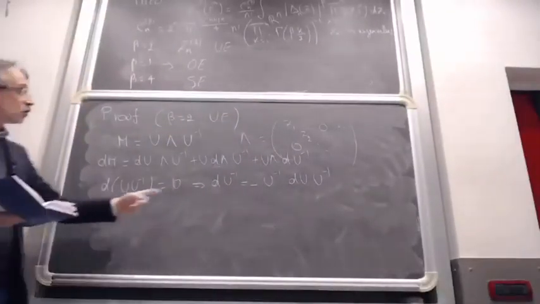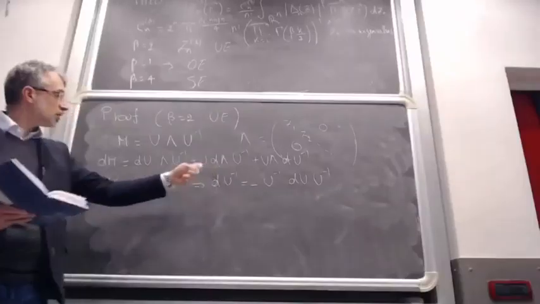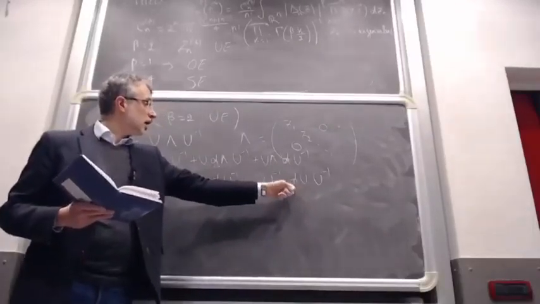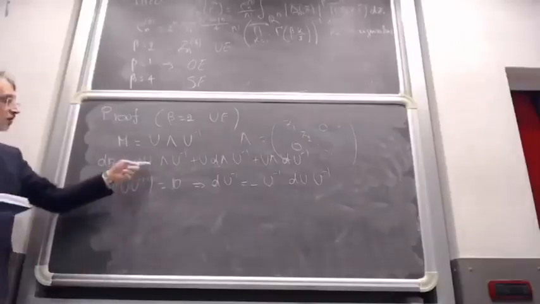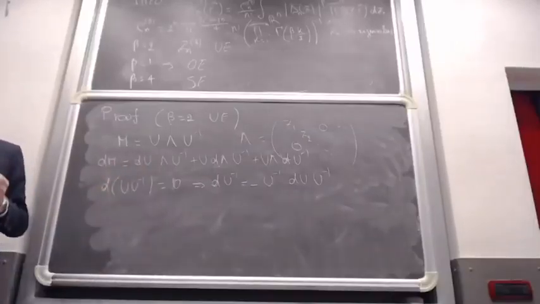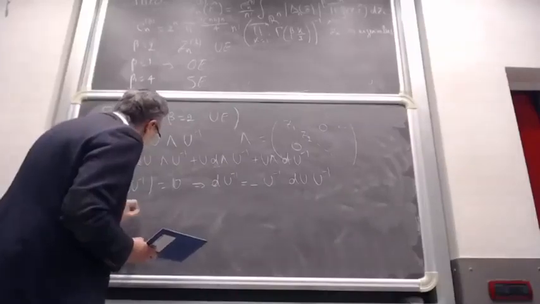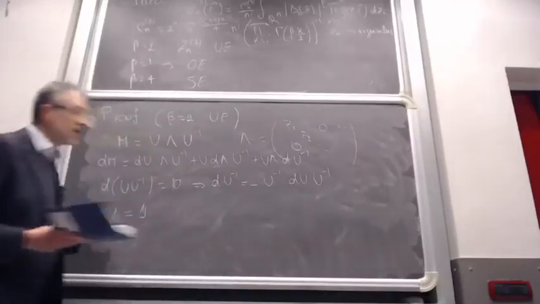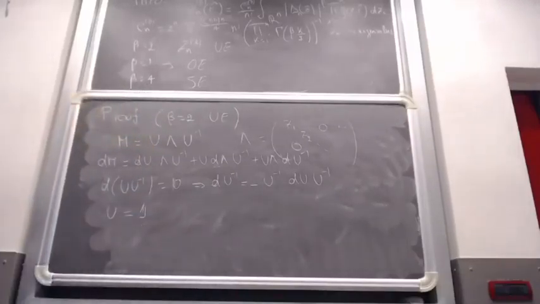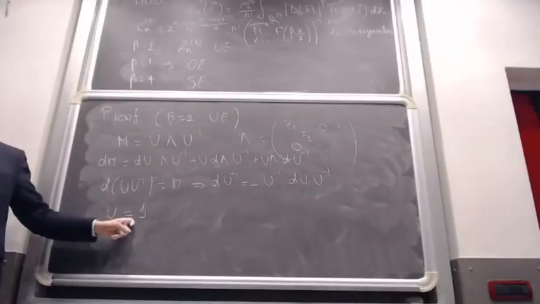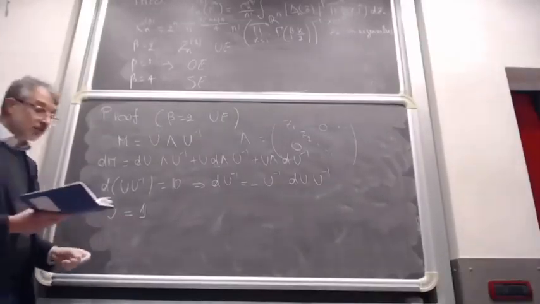So we substitute dU to the minus 1 in the previous expression, and everything contains dU. Then we choose U, in particular, to be the identity, so we take an infinitesimal transformation around the identity.